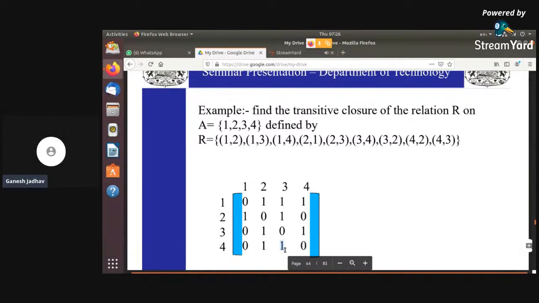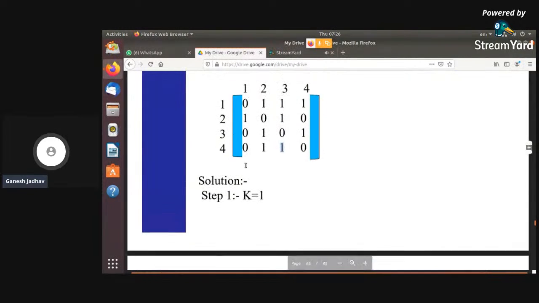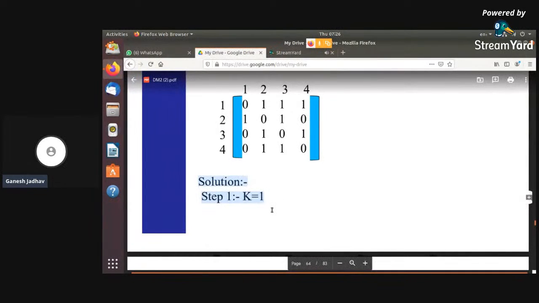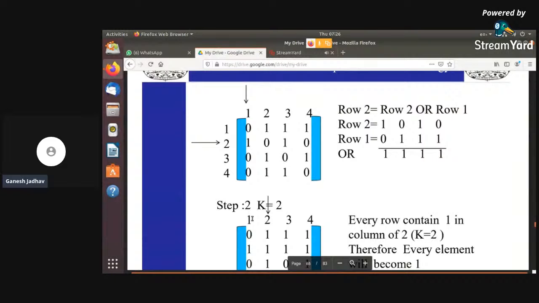Then the first step is k equal to 1. So this is the solution step: k equal to 1. Go to your first row and find where there is a 1. You can find it in the second row, where there is a 1 in the first column.